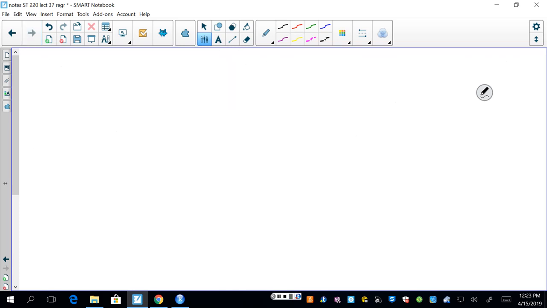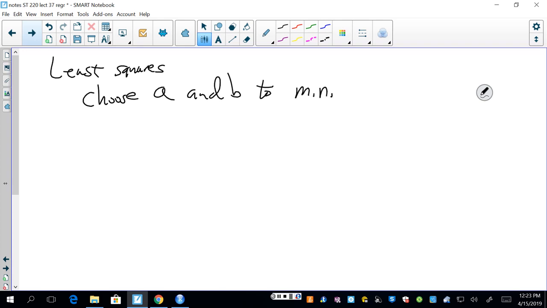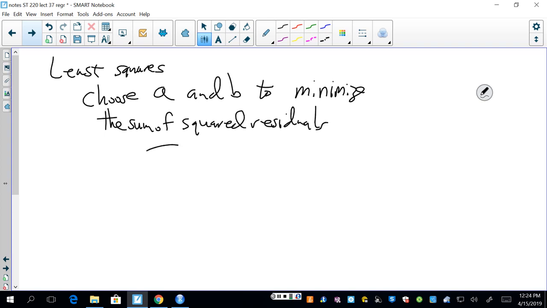The particular one for least squares is where we choose A and B to minimize the sum of squared residuals. And for the sum of squared residuals, we put a little hat on y to denote the value of y on the line.